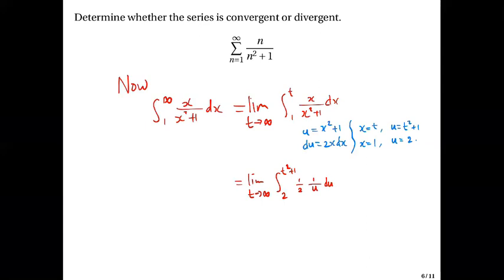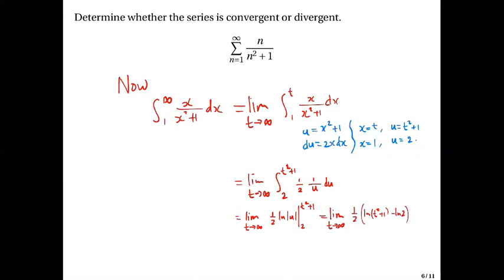So evaluating, you have the limit as t approaches plus infinity of 1 half ln absolute value of u from 2 to t squared plus 1, which is equal to the limit as t approaches plus infinity of 1 half quantity ln of t squared plus 1 minus ln of 2.